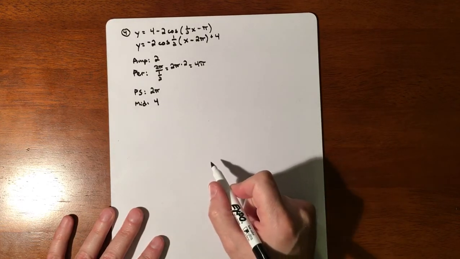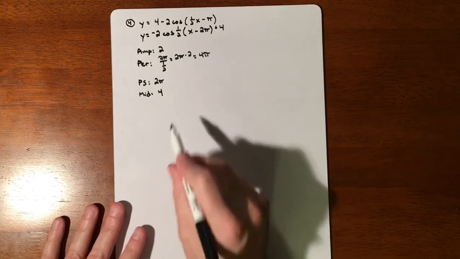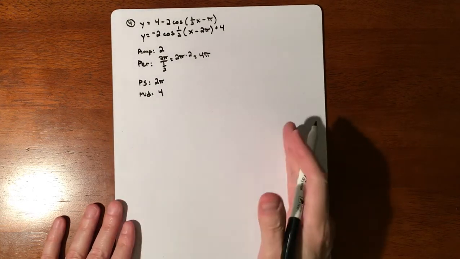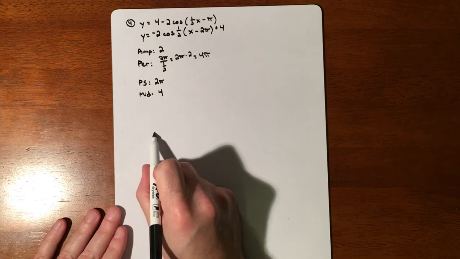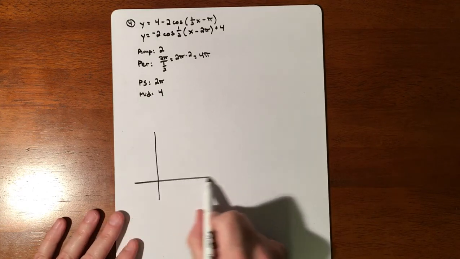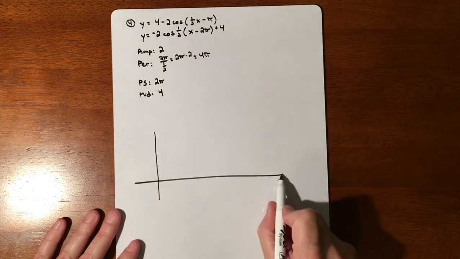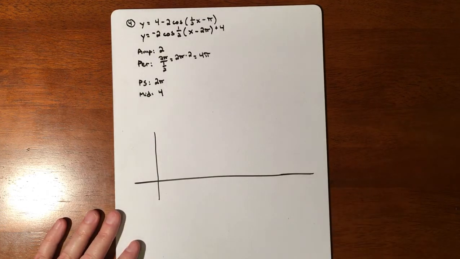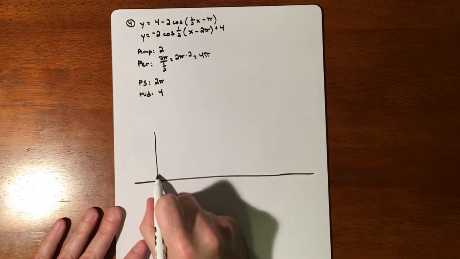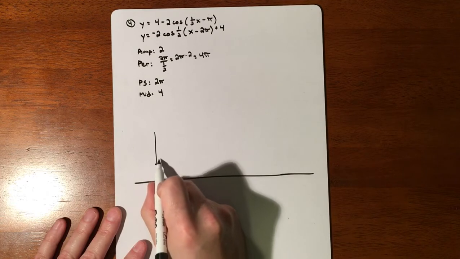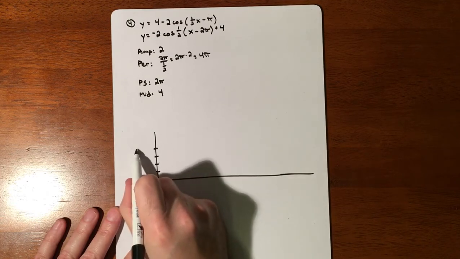All right, so let's graph that, and again we're going to shift up and to the right, so we'll give ourselves some space up and maybe a little extra space to the right. So we are up 4: 1, 2, 3, 4.